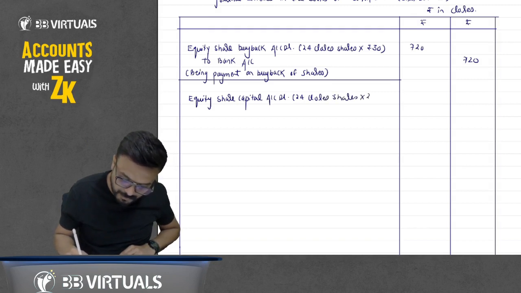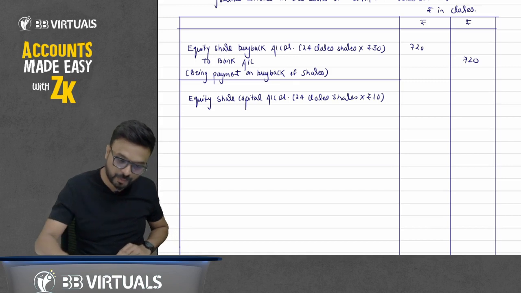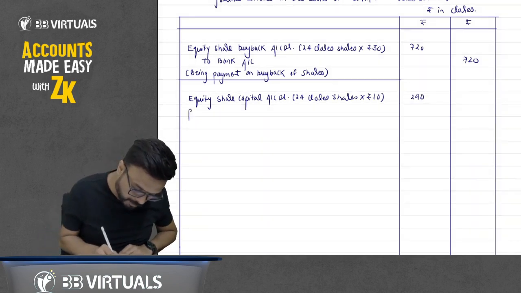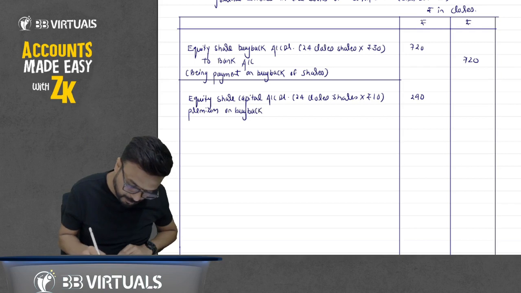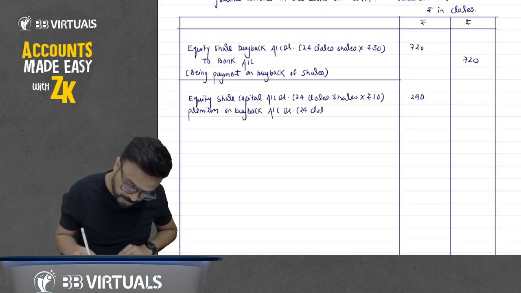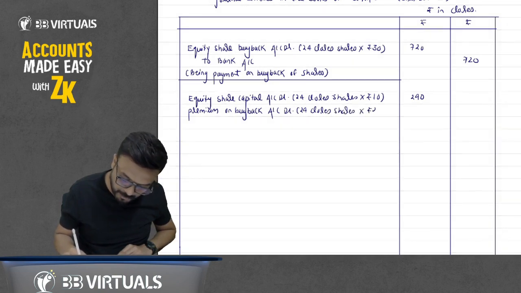For one share the face value is rupees 10. So 24 multiplied by 10 comes to 240. Then premium on buyback account debit, 24 crore shares multiplied by rupees 20.